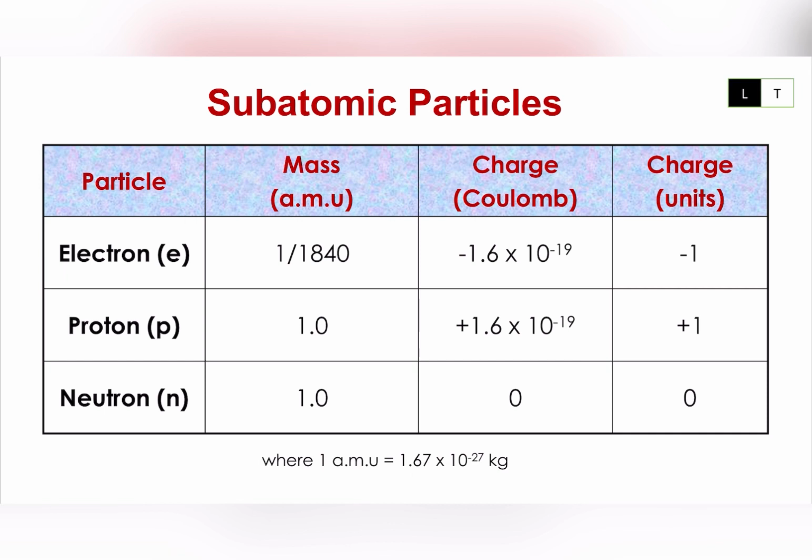You can also see the value of the charge in coulomb or in specific units. As I mentioned before, the electron has a negative sign, so negative 1. The proton has a positive sign, positive 1, and the neutron has 0 net charge, so the value is 0.